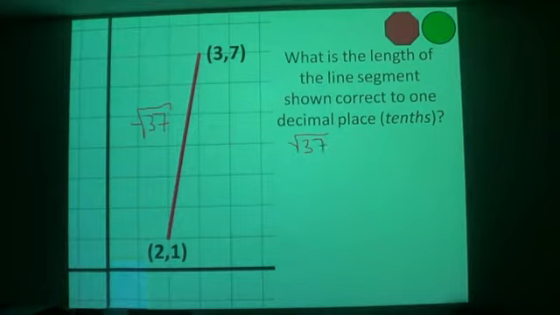Well, I know that the square root of 36 is exactly equal to 6. So I know that the square root of 37 is going to be a little bit more than 6. So if I guessed 6.1, I could check that by multiplying 6.1 times 6.1 and see if I get a number close to but not larger than 37.